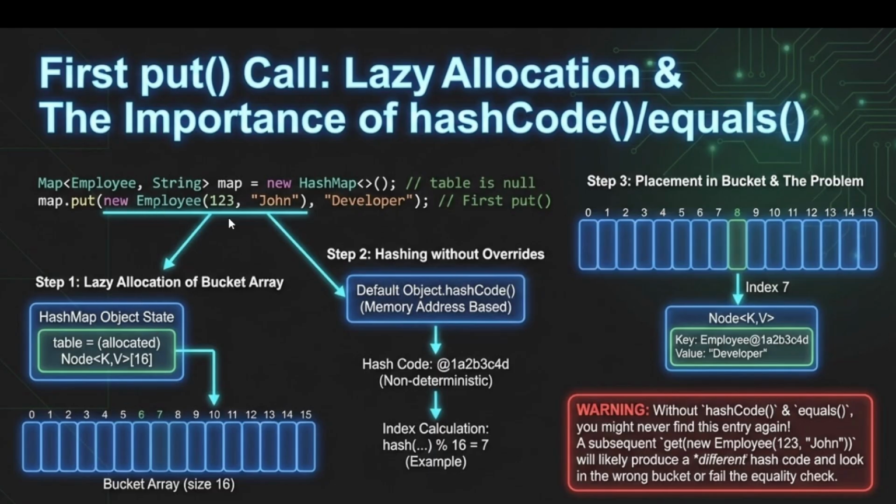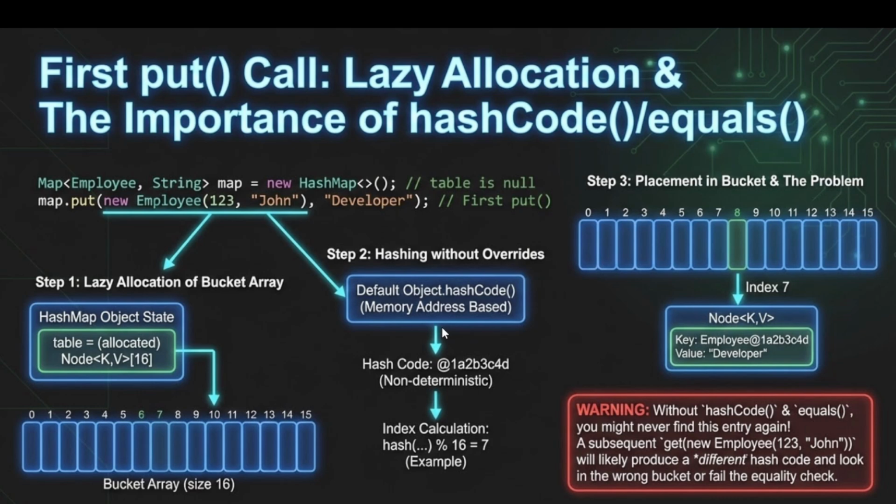Apart from that, the hash code will be created for the key. This should be added into this bucket. So how will this be added to the bucket? First, for the key, whatever key we have passed, suppose employee here, the default hash code will be created.